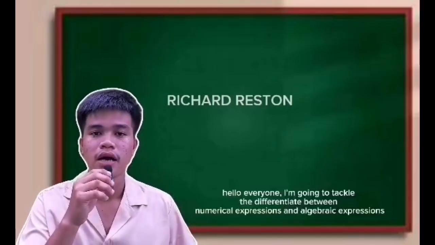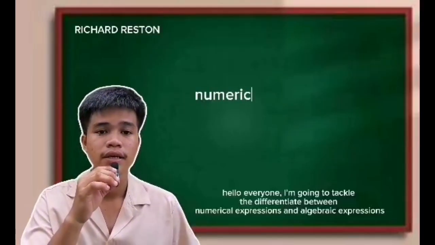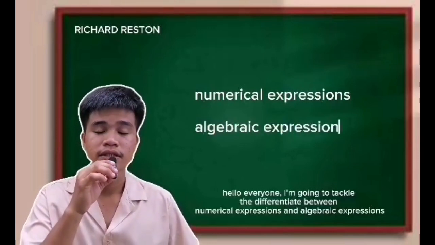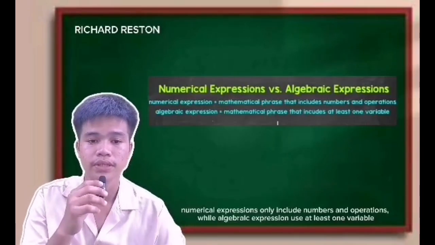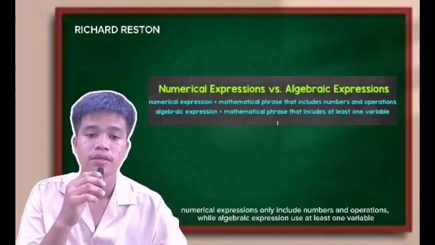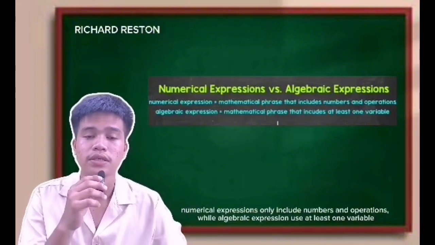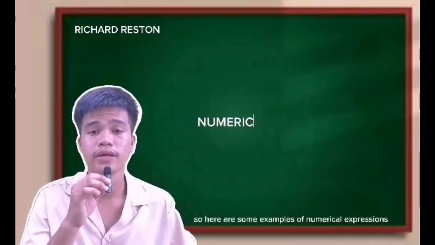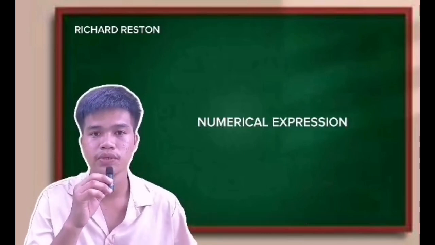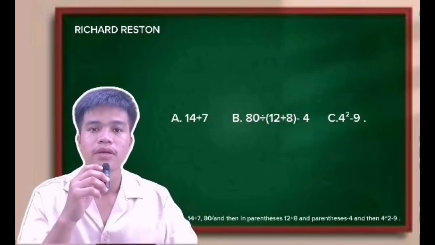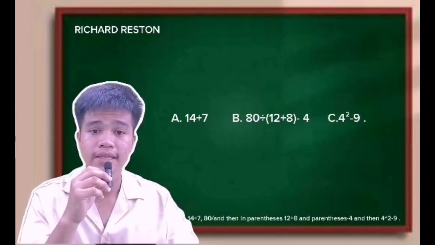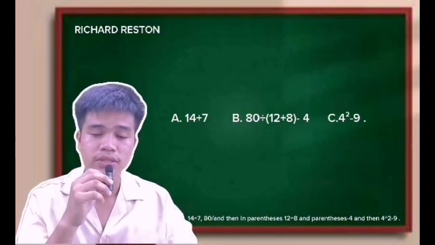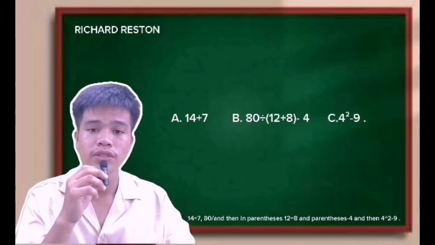Hello everyone, I'm going to tackle the difference between numerical expressions and algebraic expressions. Numerical expressions only include numbers and operations, while algebraic expressions use at least one variable. Here are some examples of numerical expressions: 14 plus 7; 80 divided by, in parentheses, 12 plus 8, minus 4; and 4 squared minus 9.